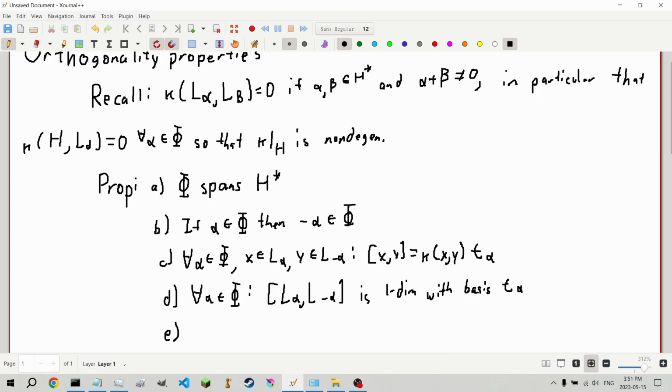E is going to give that applying a root to its own element, alpha of t alpha, is equal to the Killing form of t alpha with itself, and is also non-zero for all alpha in our root space.